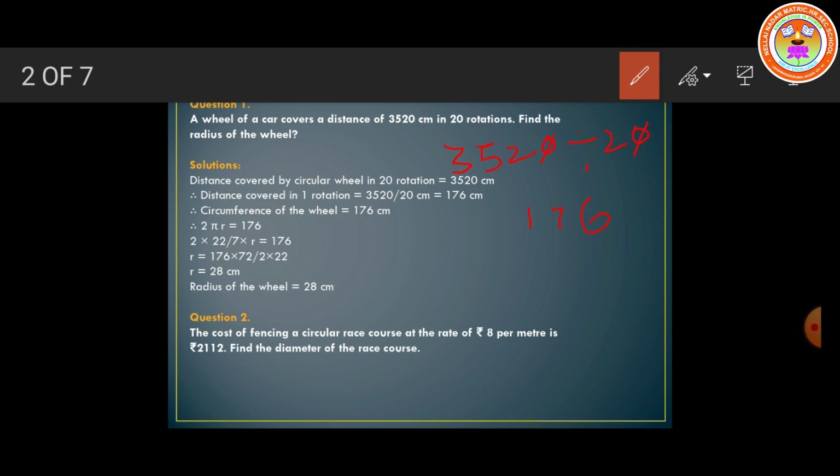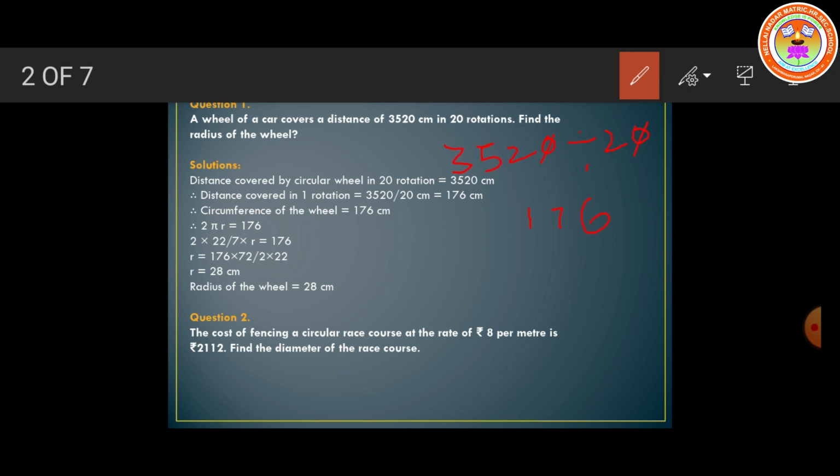Two formulas are there: if the diameter is given, it is pi d units; if the radius is given, it is 2 pi r units. Therefore, 2 pi r is equal to 176. So 2 into pi, which you replace by 22 by 7, into r is equal to 176. Therefore, you have to find out the radius of the wheel.